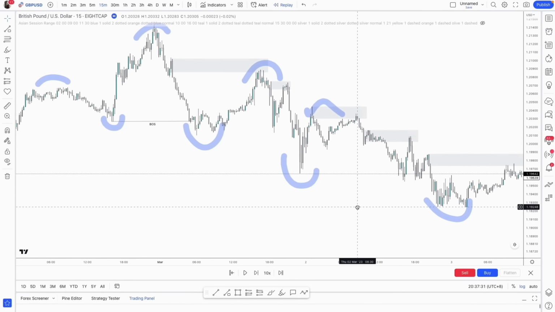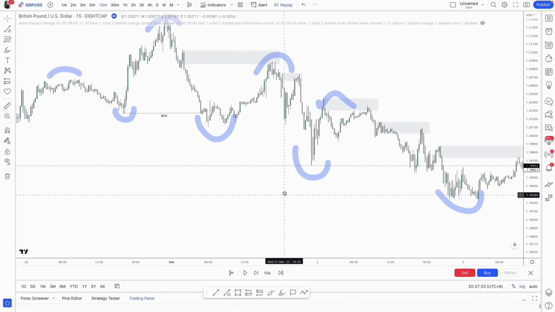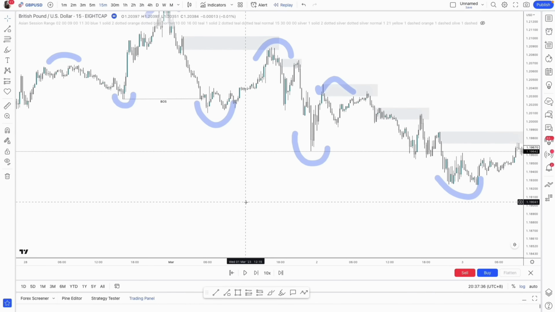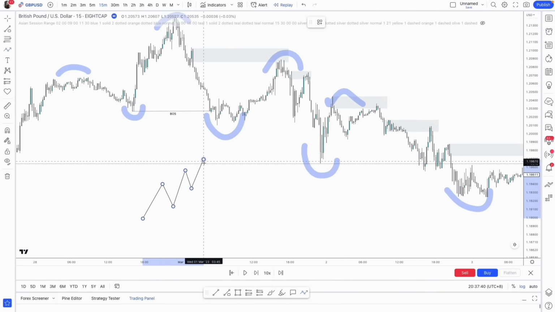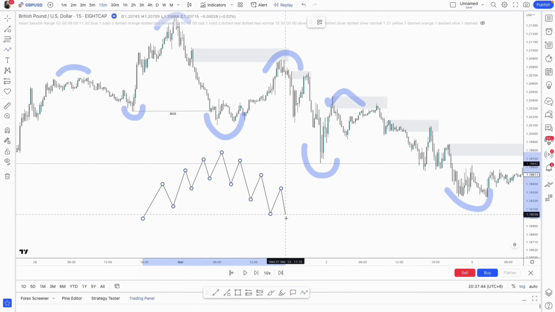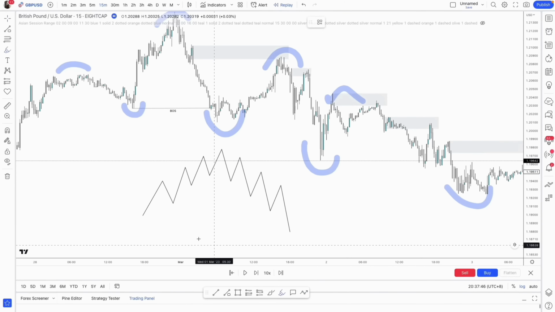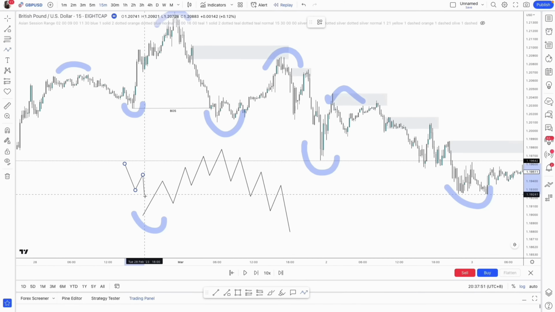Now, the second type of structure is what we call internal structure. So internal structure, as I just mentioned to you guys, is the swing points that are internal. So let's take a look at what that looks like. So externally, we can see, let's just say hypothetically, price was like this.